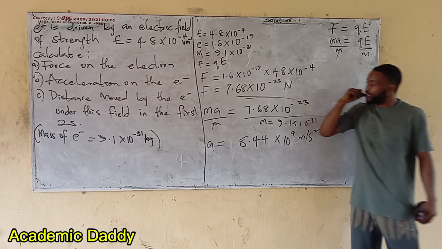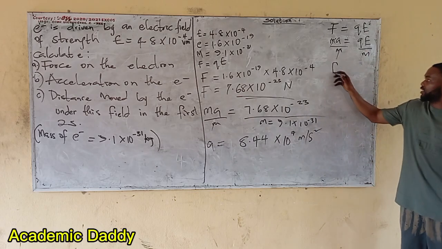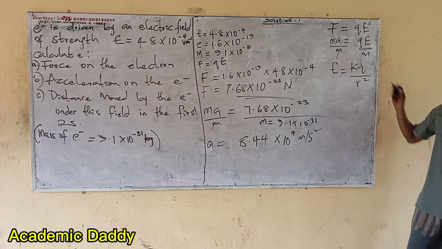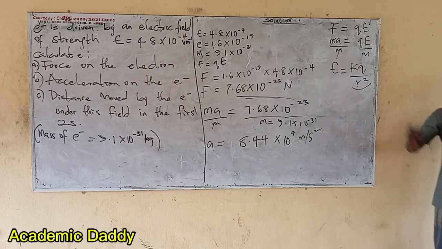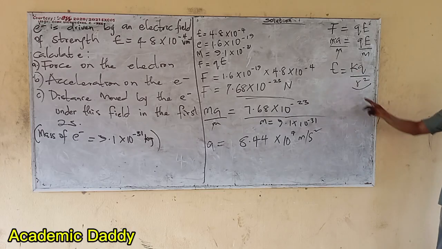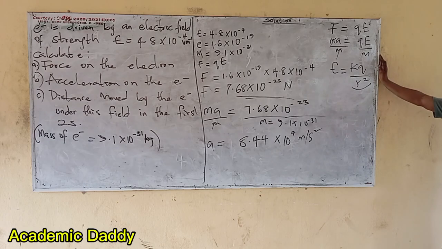So if you check it, the reason I did not start doing E equals KQ over R squared is because I don't have R given to me. I know this one is constant, and I know I have charge, but no R. So in this case, no need stressing myself, I just go to the first rule.